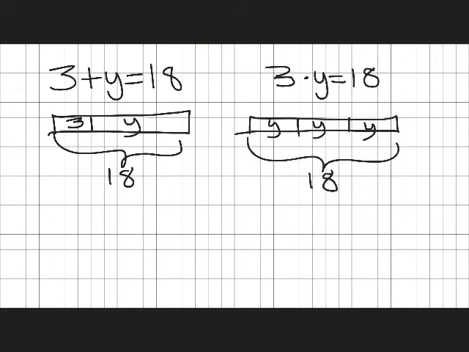And the one that's 3 times y equals 18 should have 3 sections of y's for a total of 18. Hopefully you can see that you're going to get a different value of y for each of these, right? In this one, you're going to get that y equals 15, whereas in this one, you're going to get that y equals 6.